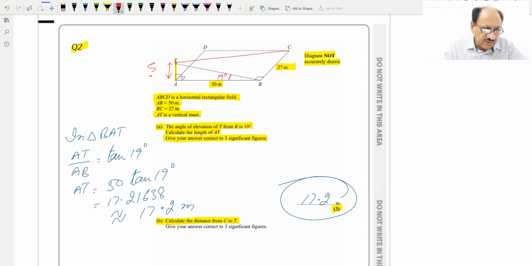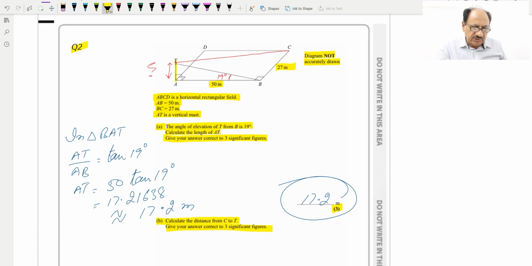Calculate the distance from C to T. Give your answer to three significant figures. Again, the answer they are looking for is three significant figures.